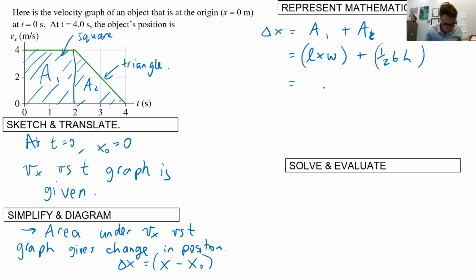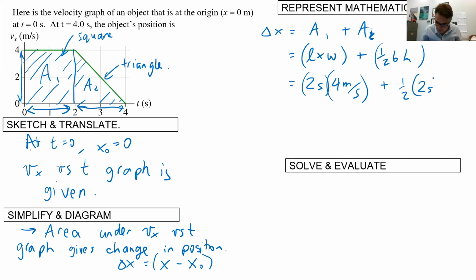This first A1 is going to be 2 seconds, the length, times this width, 4 meters per second. That's the rectangle, plus 1/2. The base of the triangle is 4 minus 2, which is also 2 seconds, and the height of the triangle is 4 meters per second.